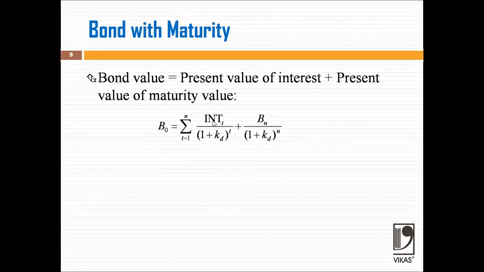You have to convert this interest into present value. That's why we put 1 plus KD, where KD means cost of debt. So it is the discounting factor. And B is the maturity value of the bond, and we have to convert this maturity value into present value. I will show you a simple way to calculate the value of the bond.